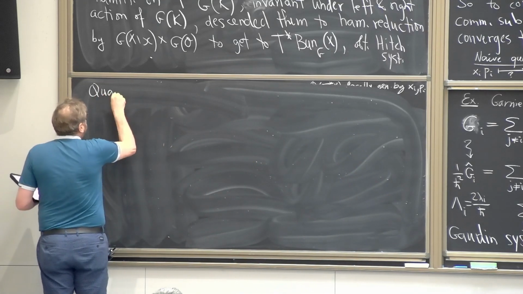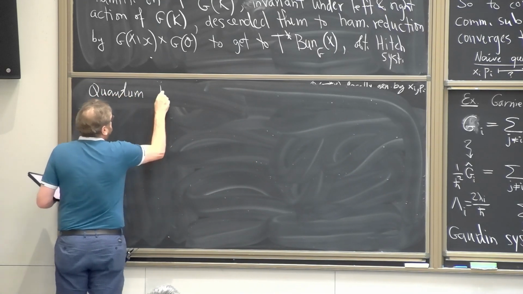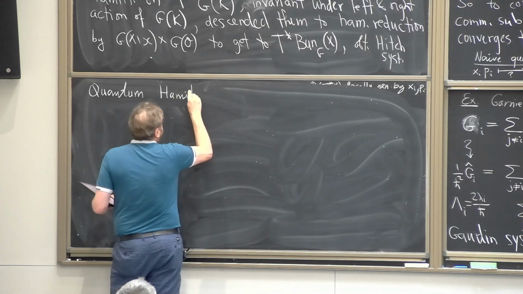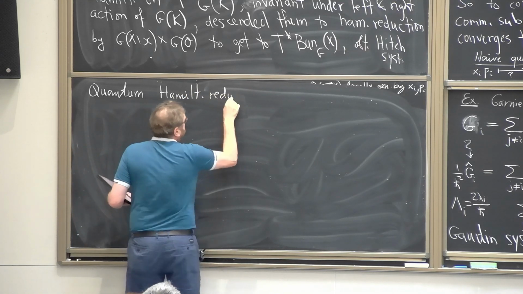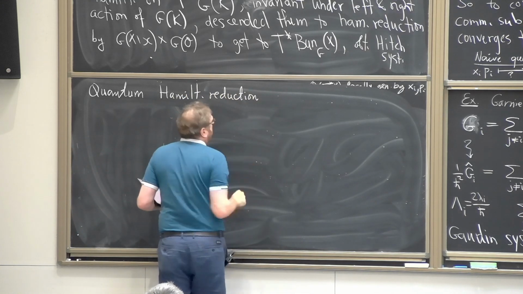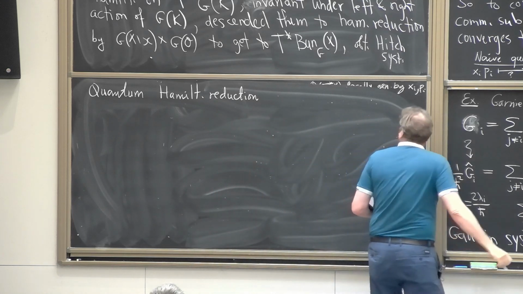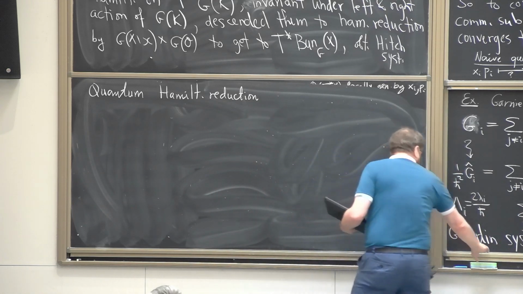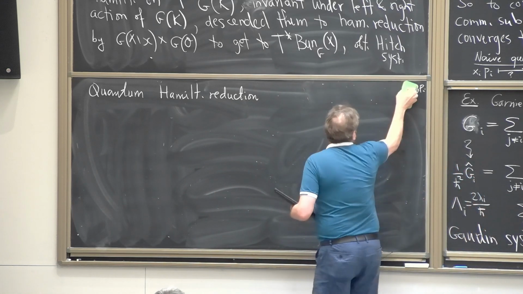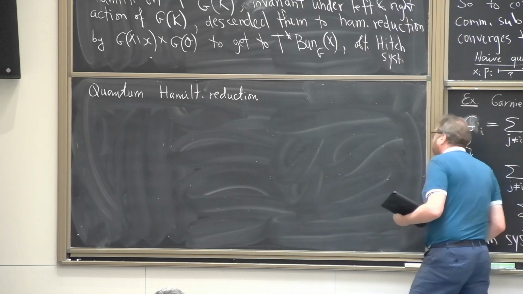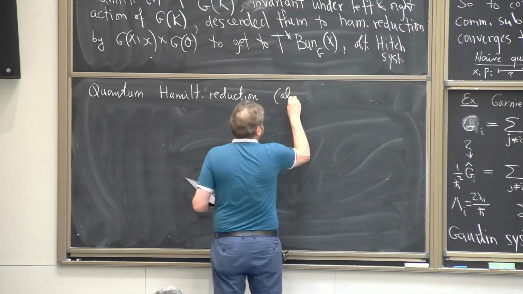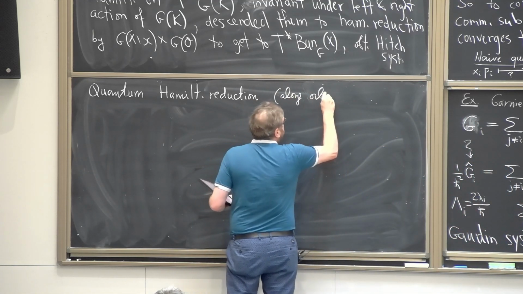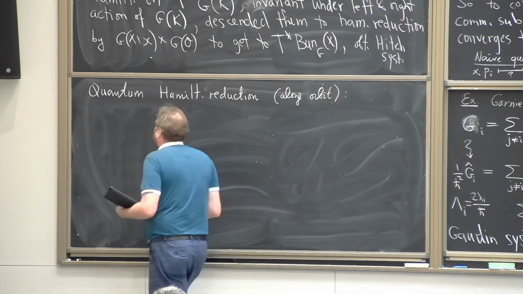So quantum Hamiltonian reduction, and let me right away do it along an orbit.